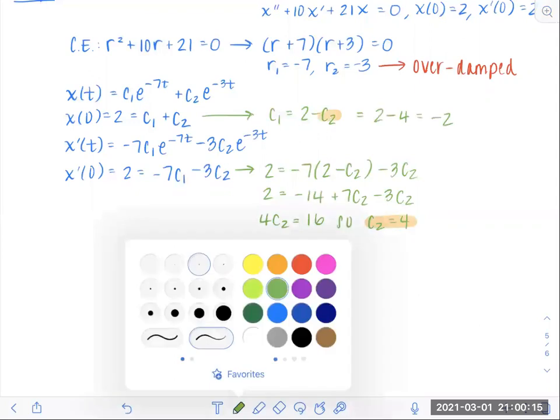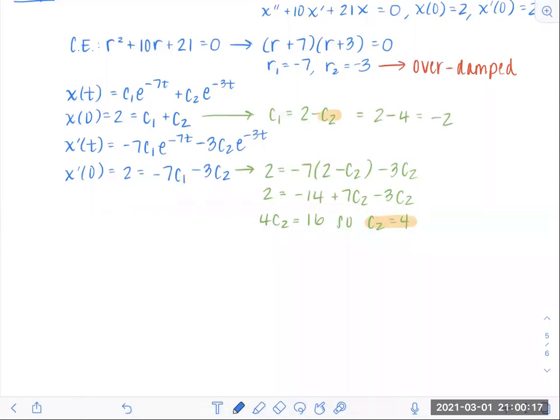Using those two values, I can plug them back into my x of t formula, and my final x of t function is negative 2 e to the negative 7t plus 4 e to the negative 3t. All right, and this right here is x of t. This is my solution to damped motion.